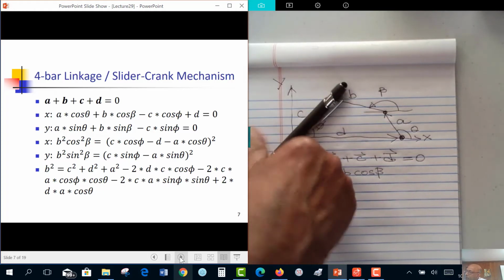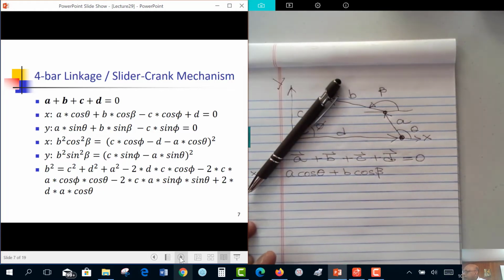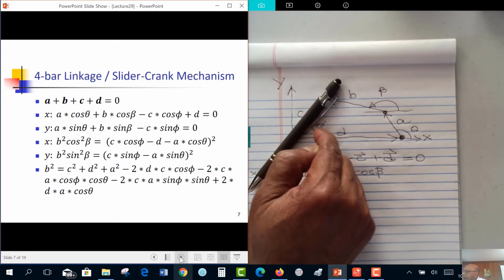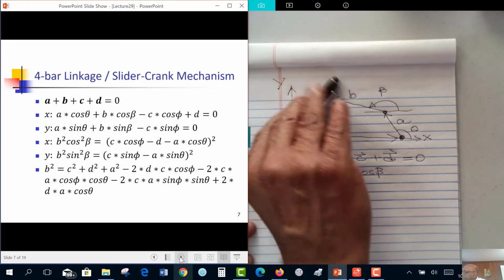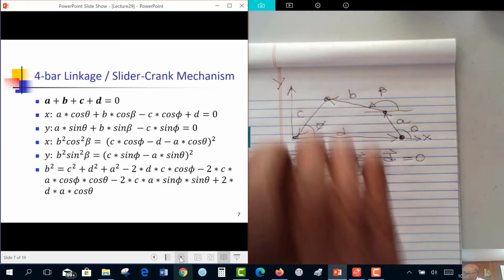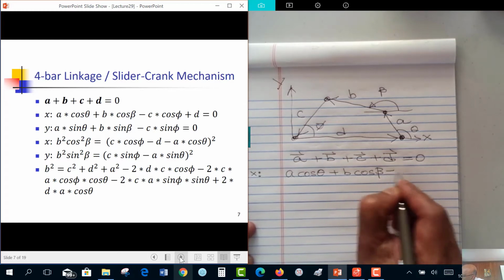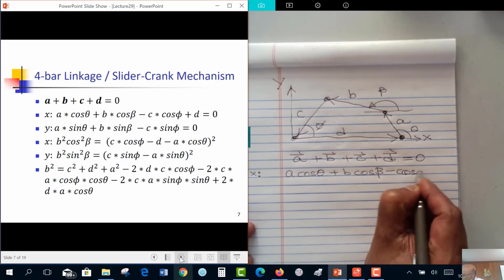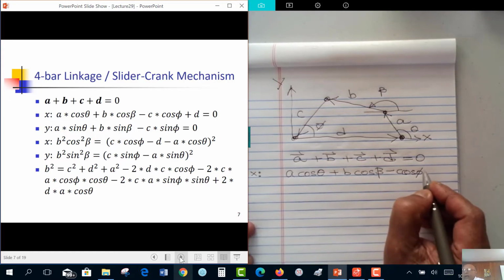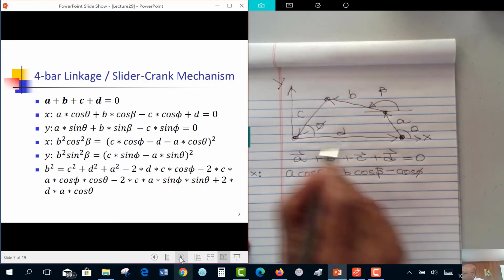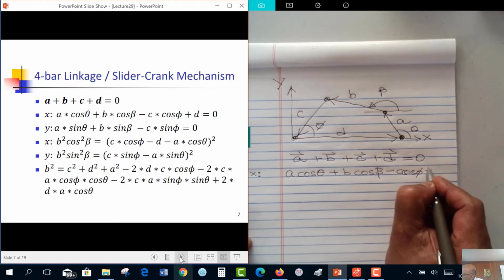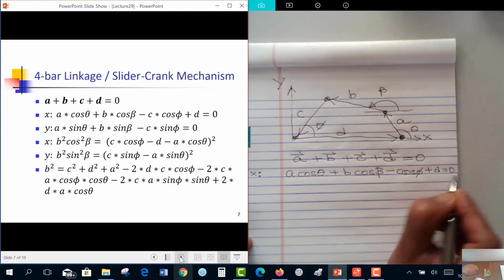But now the C is pointed downwards this way. So now when it is at angle phi, its x component would be negative. So we will write minus C cosine phi. And D is just horizontal, so we'll just write plus D is 0.